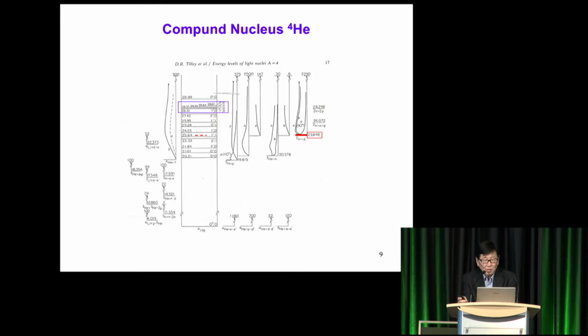This figure shows the location of the threshold resonance with the red line over here. And the resonance at the excitation energy of about 30 MeV, indicated by the blue box, are known to have 2+ structure.